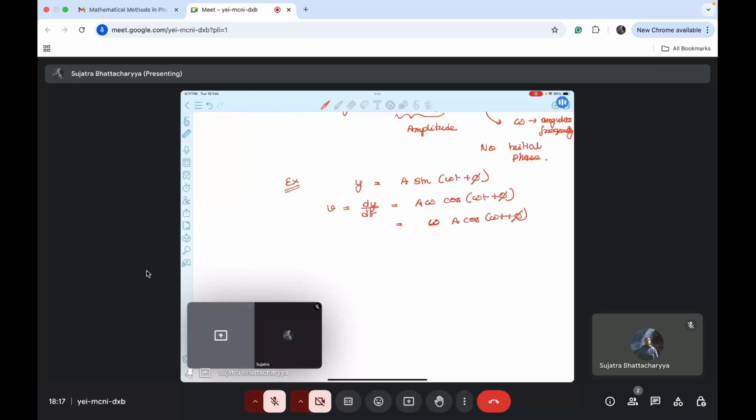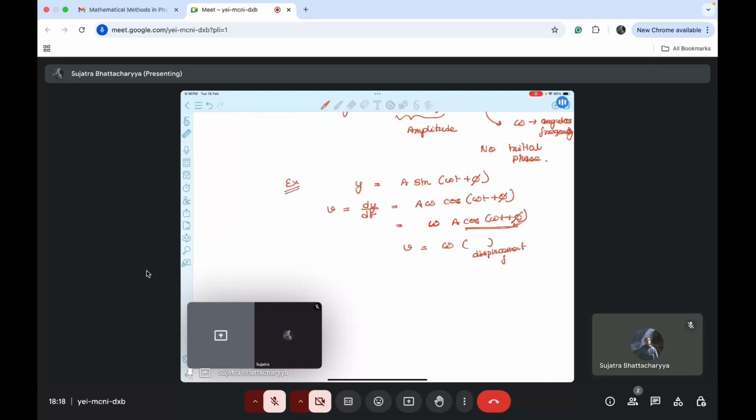So you can see it the other way around: v, the velocity, is some omega times some kind of displacement. This cos(omega t plus phi) or sin(omega t plus phi) has only a difference of pi by 2. Only the phase angle will change. Other things will remain the same. So it is related to omega times some kind of displacement feature.